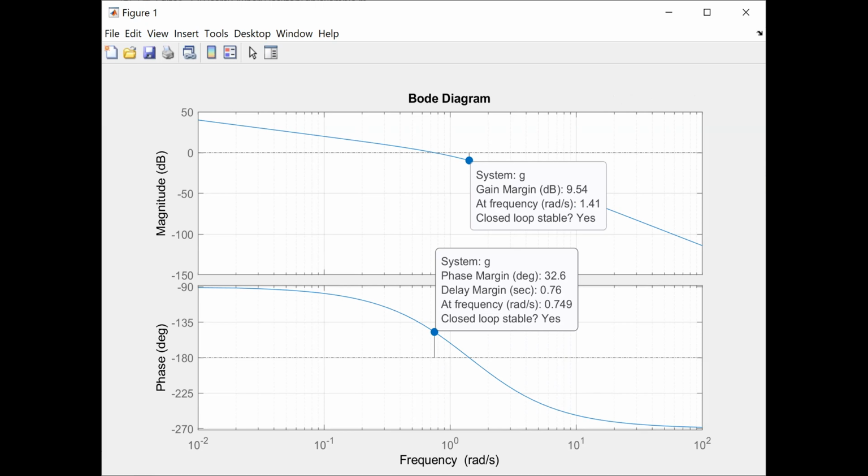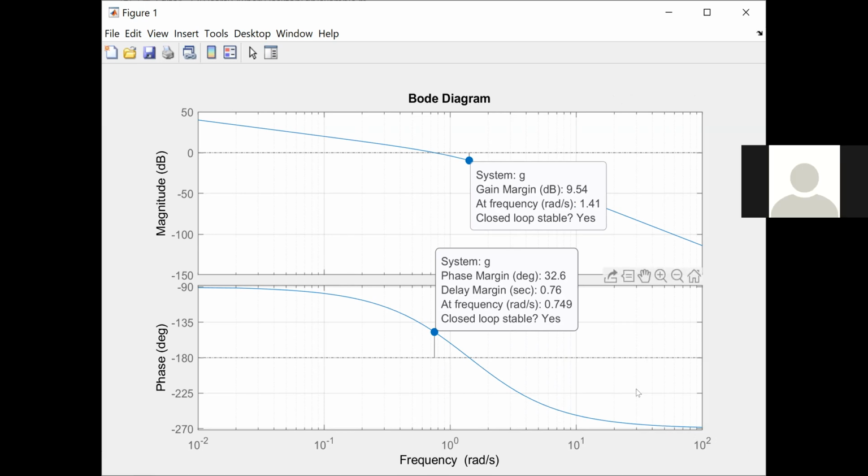Liana. Yes, Doctor. What is the gain margin? 9.54 dB. What is the omega GM? 1.41 radian per second. What is the phase margin? 32.6 degree.